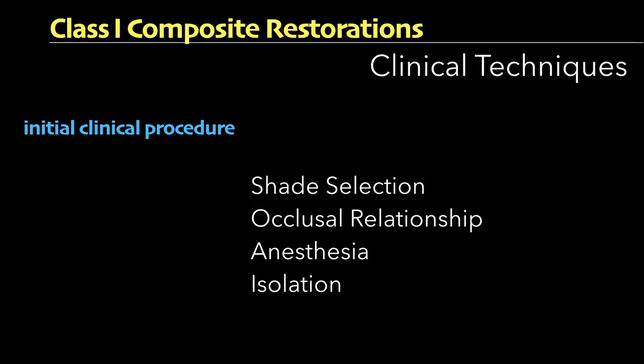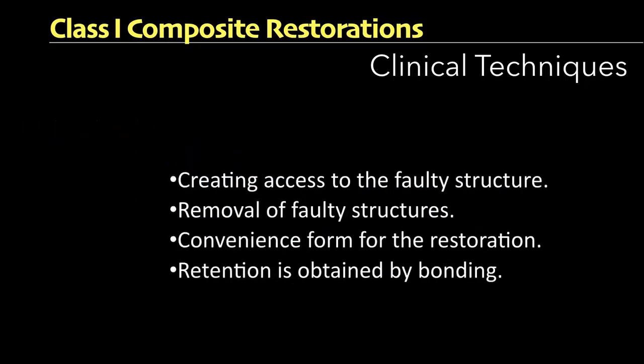After that, we provide the local anesthesia. Why? Because it makes for a more pleasant and uninterrupted procedure, and there is a marked reduction in salivation as well. Isolation is extremely important for a successful composite restoration. Although with cotton rolls and other means of indirect isolation a composite restoration can be performed, it is highly unpredictable.